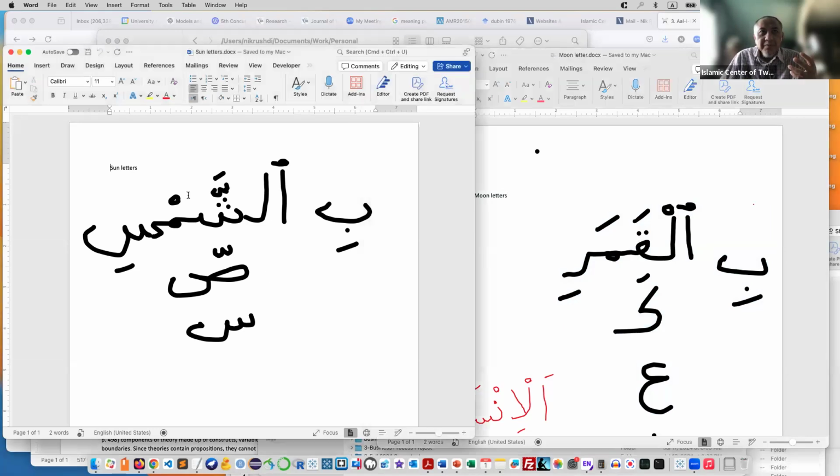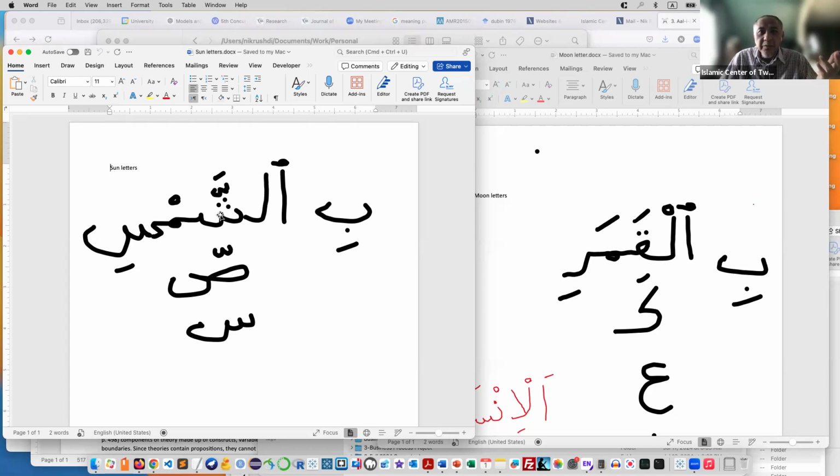Whereas this one, this is a sun letter. Why? Because it's named after the sheen, the word here, shams, means sun. And whenever you have alif lam followed by the sheen, you don't pronounce the lam sukun. So let's say you have a ba before that, it goes straight to the sheen.